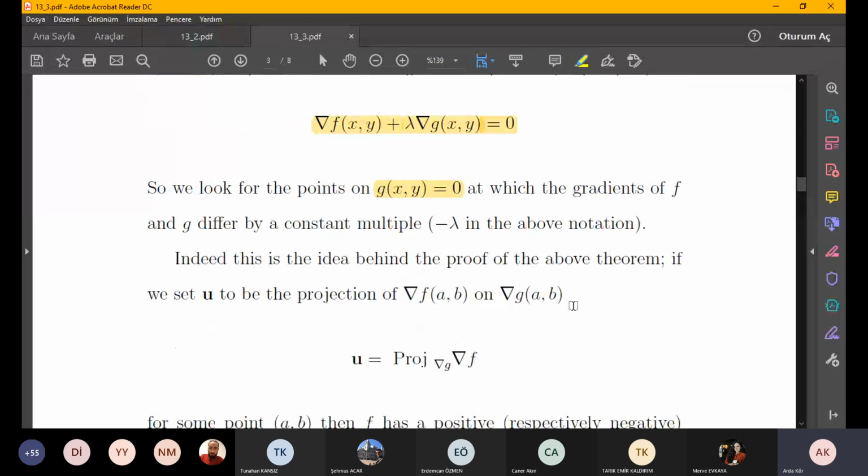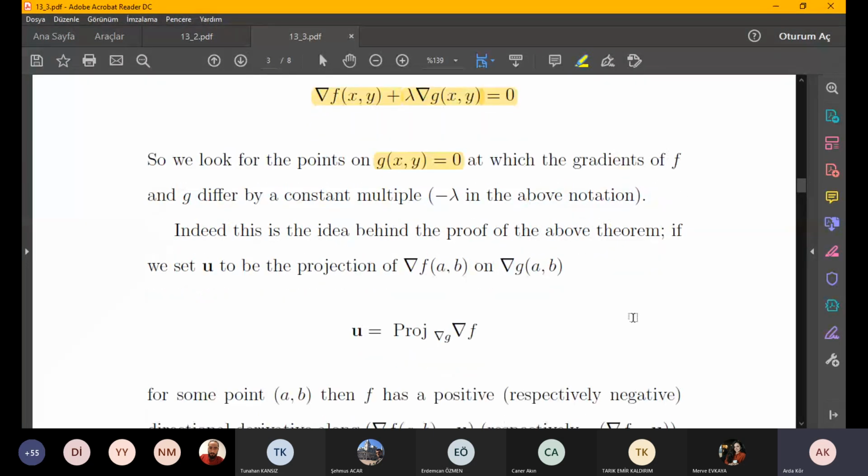So that is why it is minus lambda in the notation that we write here. Indeed, that is the idea for the proof of the above theorem.